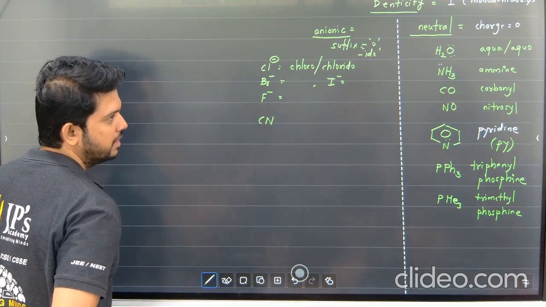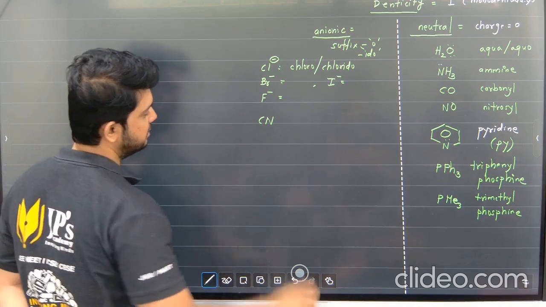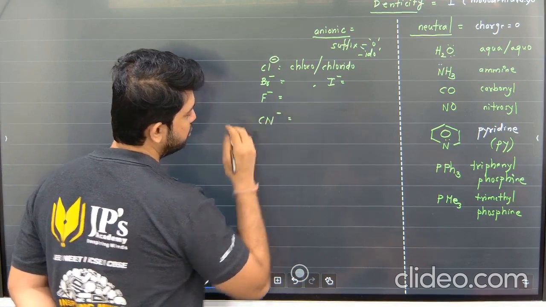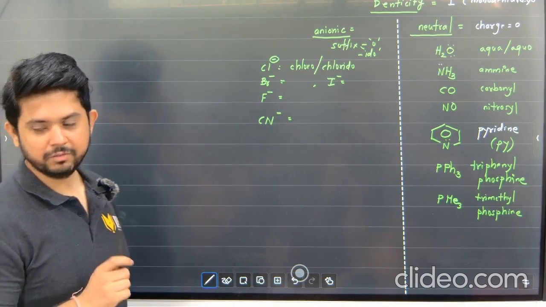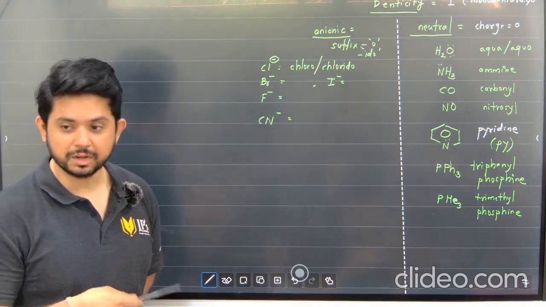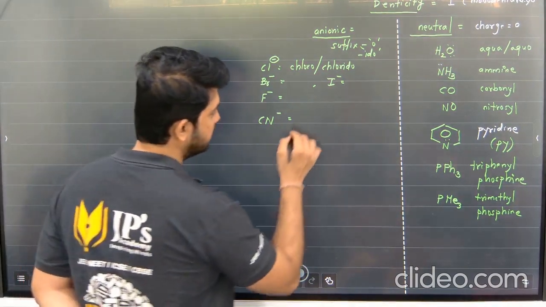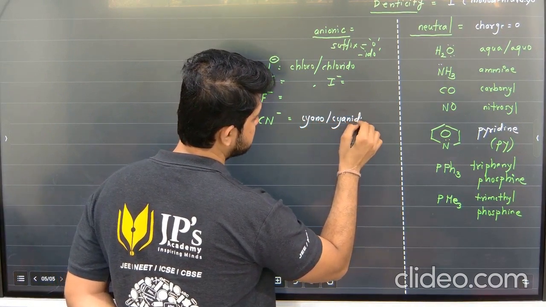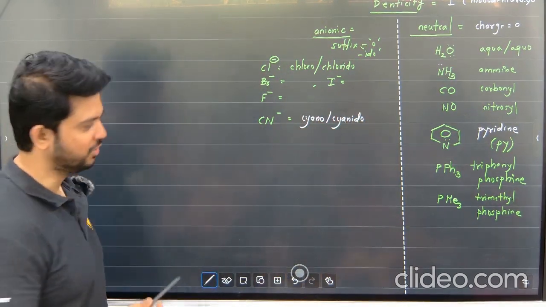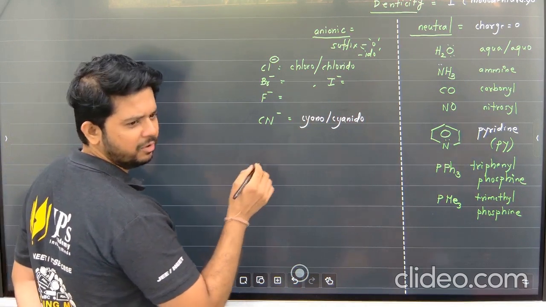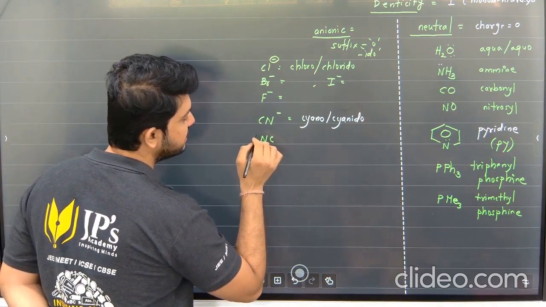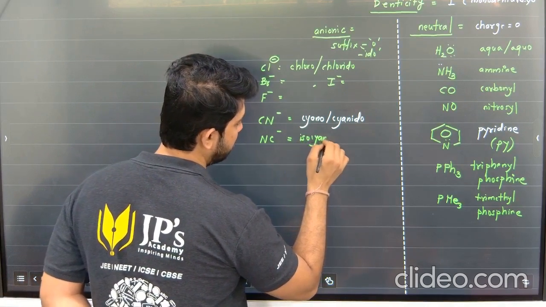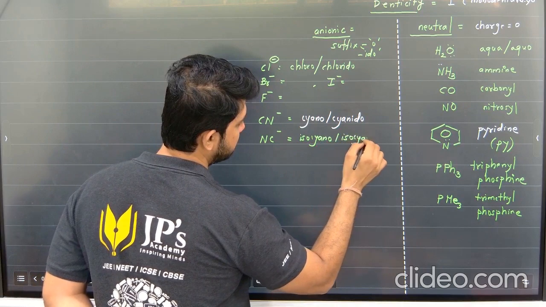Now look here, people. In CN minus, who is the donor? Bonding will take place via carbon. Then this is called cyano or cyanido. Now if I write NC minus, it is isocyano or isocyanide.